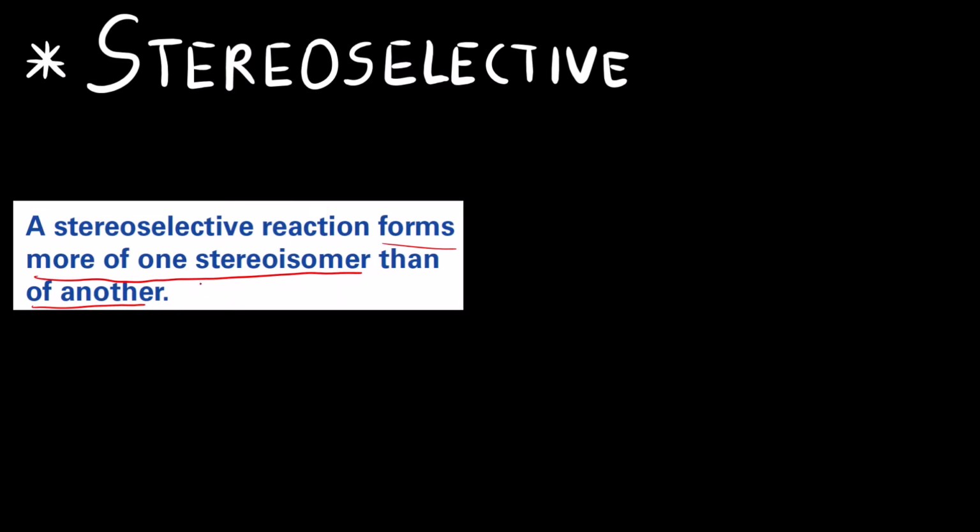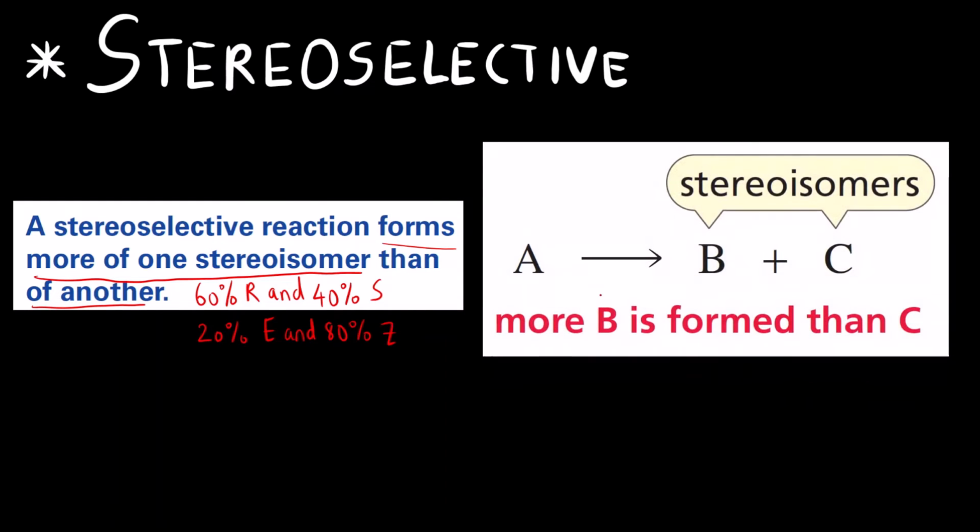We had seen just now, for example, 60% R and remaining 40% is S, or let's say 20% is E isomer and remaining 80% is Z isomer that is formed. Here you can see A is the reactant and it is forming two products B and C. B is formed more, so B is the major product and C is the minor product.